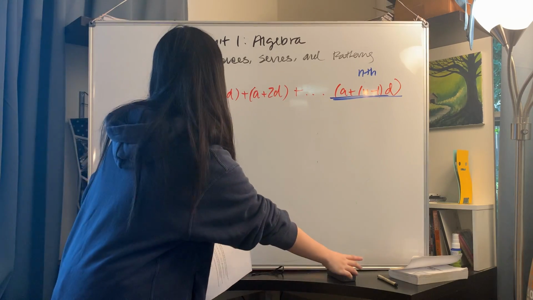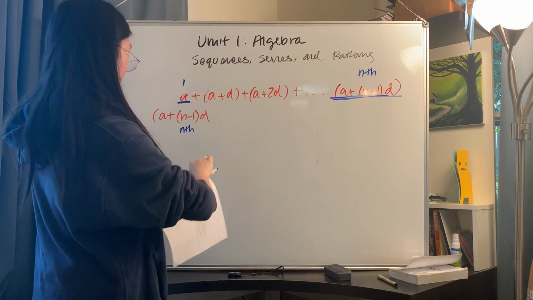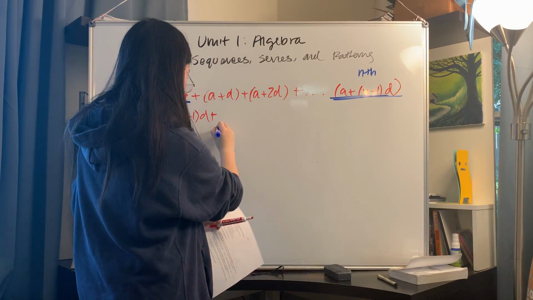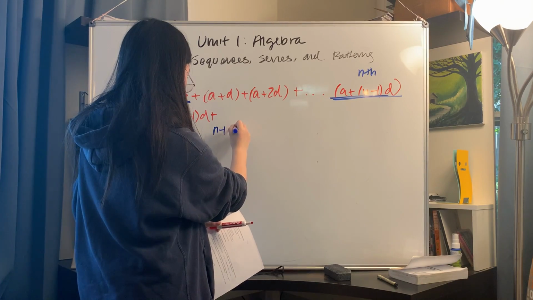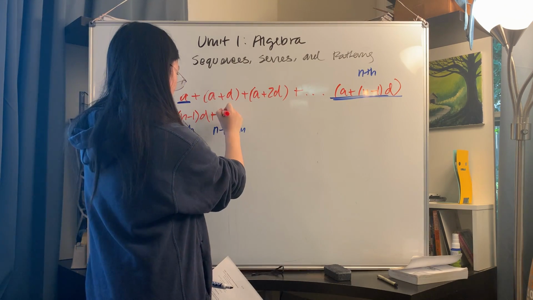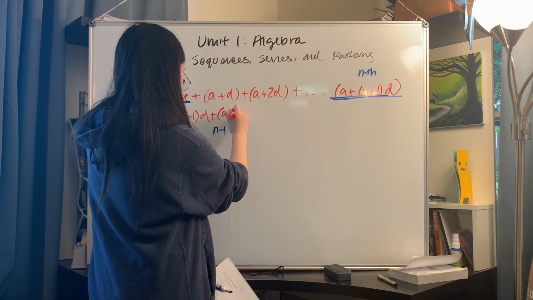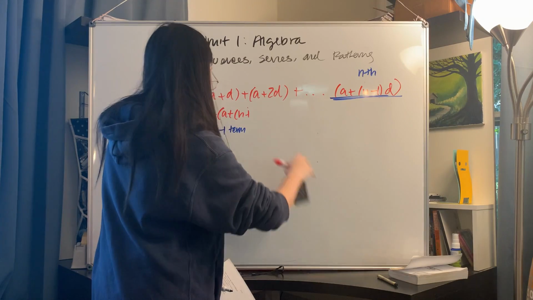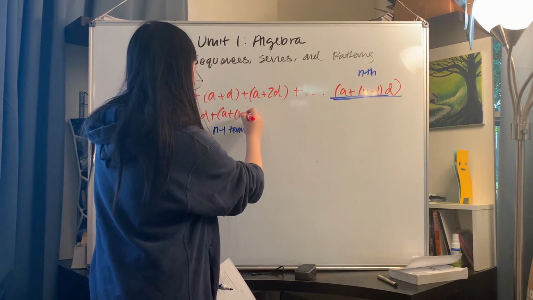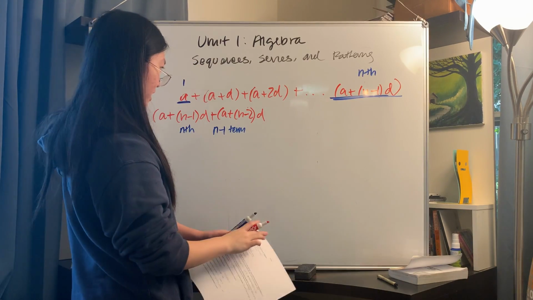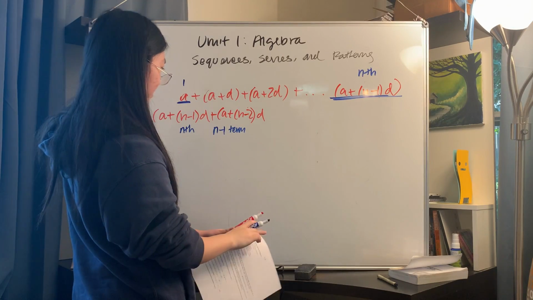Oh, maybe I should, okay, yeah, that's good. And then we can add the n minus 1 term. So the n minus 1 term would be A plus (n minus 1, n minus 2)d.